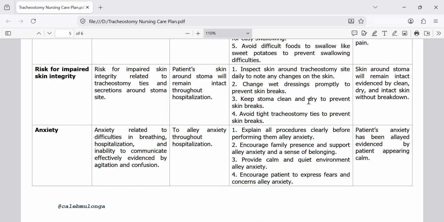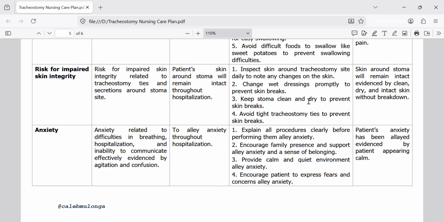So if you talk about tracheostomy tube ties, tracheostomy will be inserted on the neck, but to ensure that it is stabilized, we would want to put some form of ties. So in some settings, when you don't have these ties where you can tie around the neck so that it is stabilized, others may use things such as strapping.